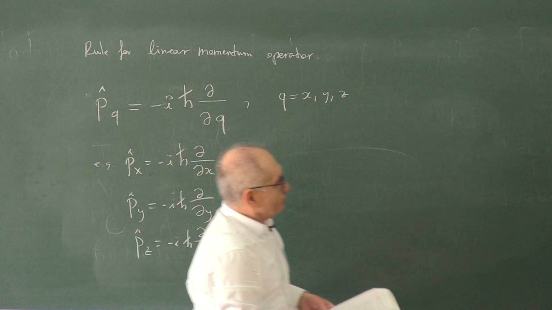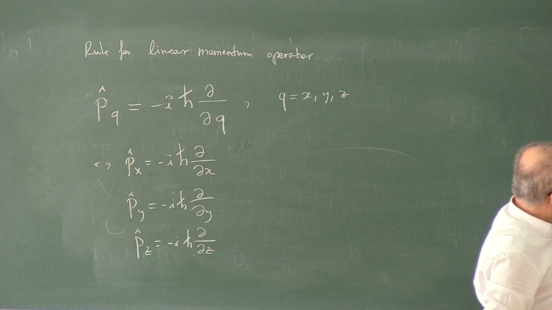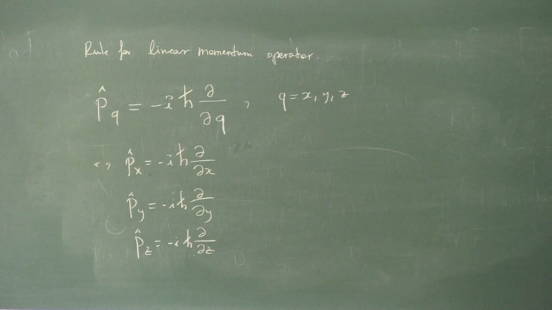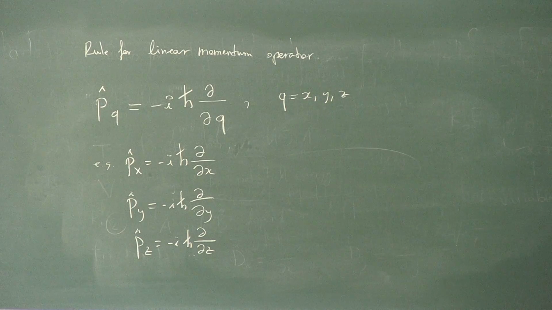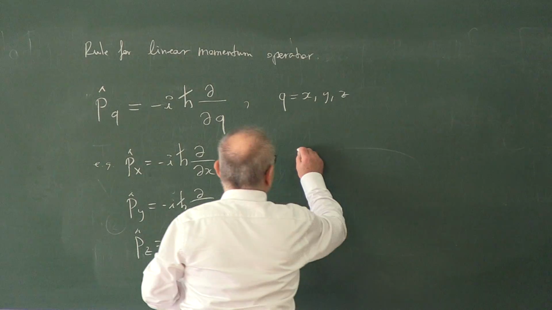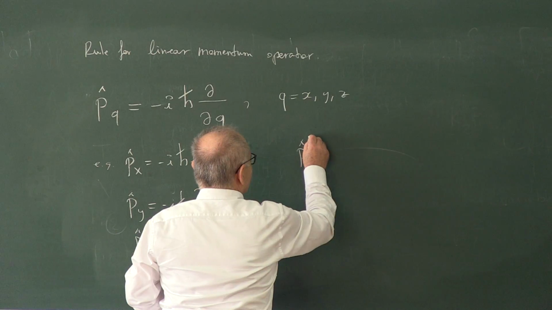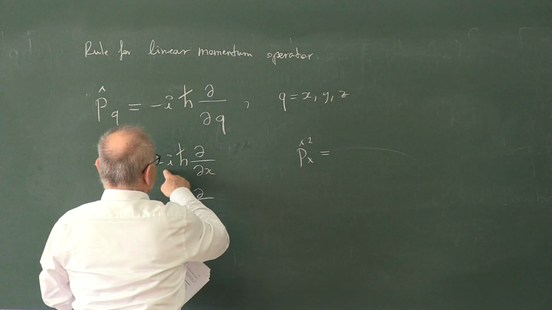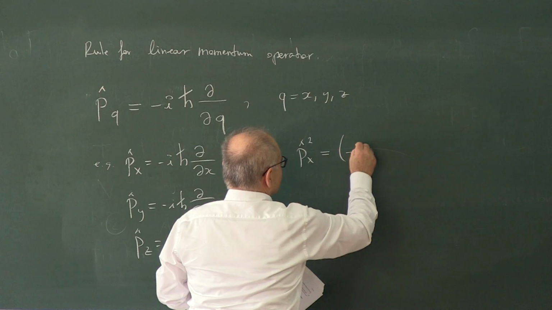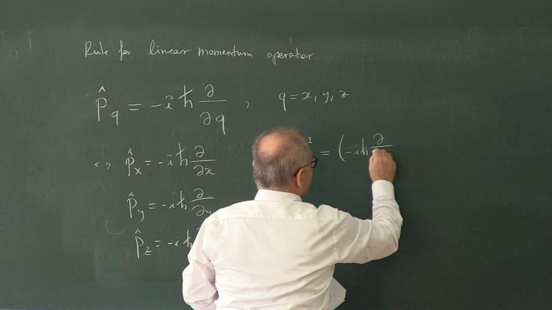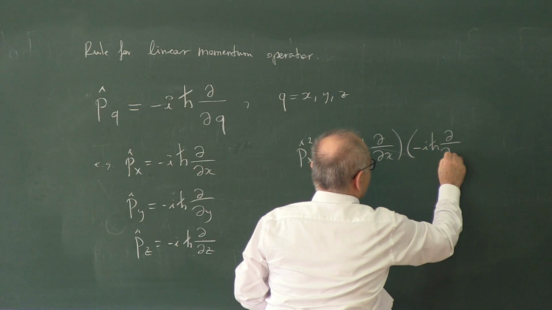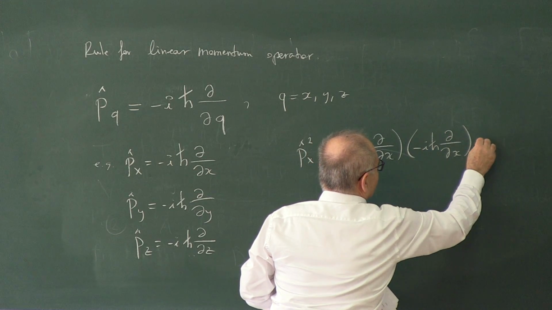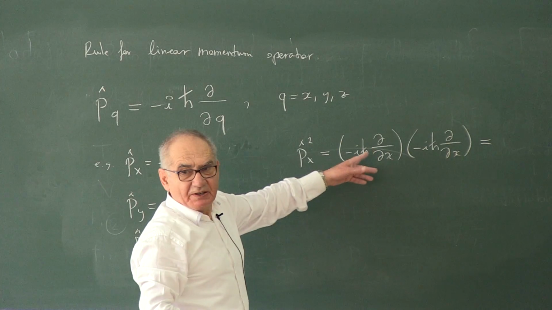Now, to write the kinetic energy expressions, we need p square, which is px square plus py square plus pz square. So let us write explicit quantum expressions for px square. Px square is the square of this operator. Now we can simplify this a little bit.